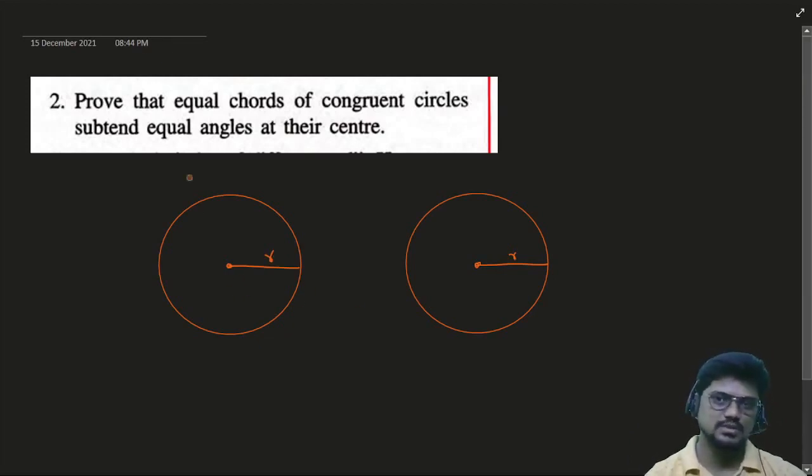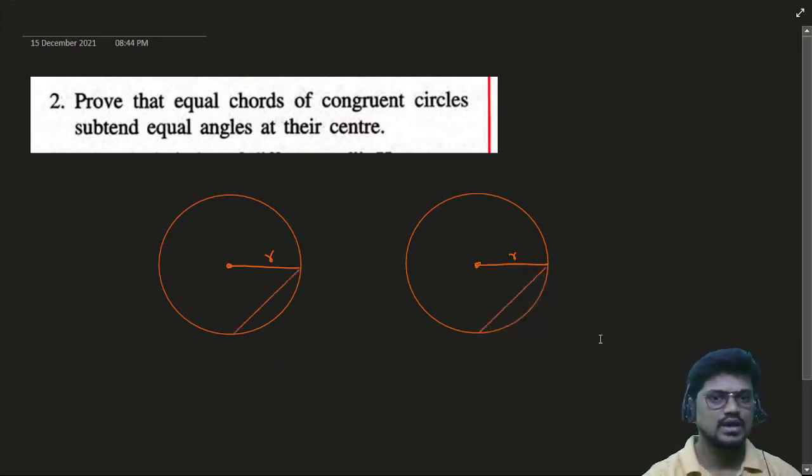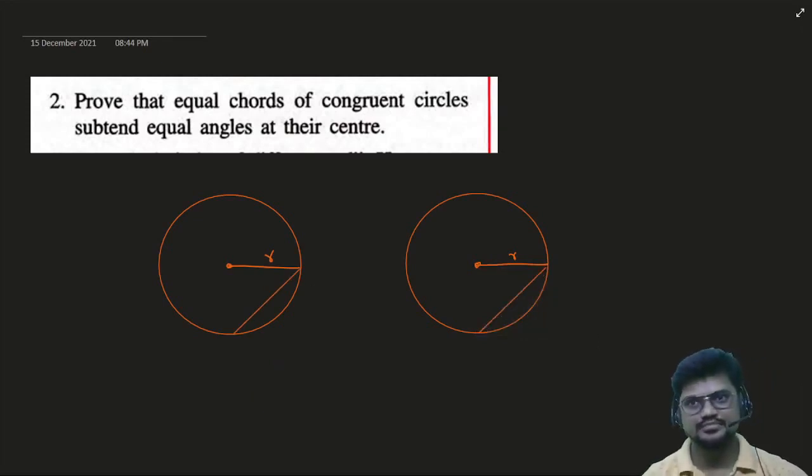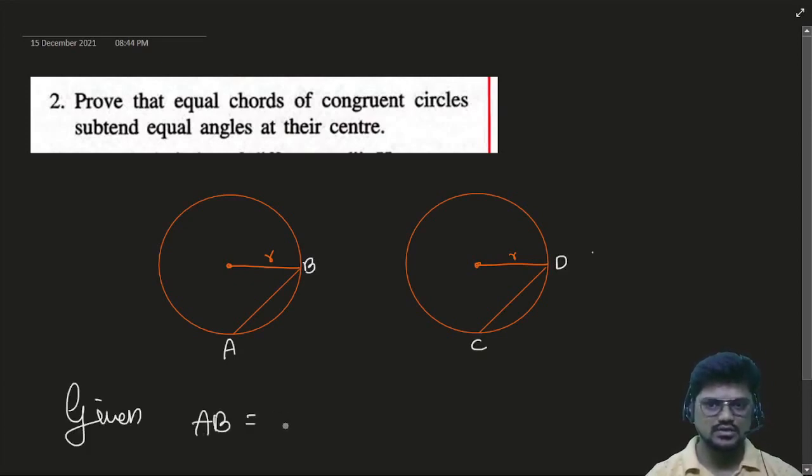Equal chords means suppose if this is one of the chord and this is the other chord. What they said, the two chords are equal. It's a very simple thing. The given thing is AB is equal to CD.